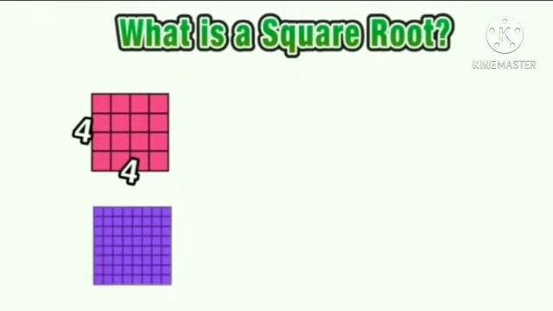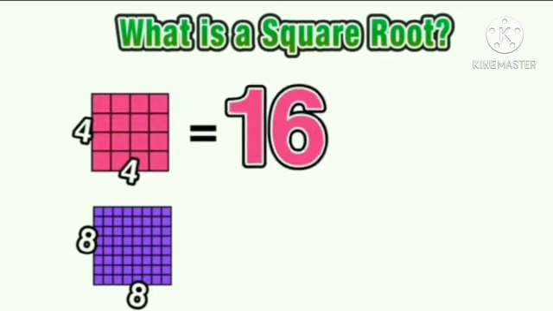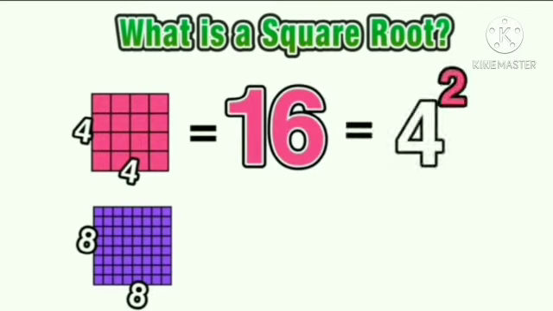For example, now we can take a 4 by 4 square and an 8 by 8 square. 4 times 4 is equal to 16, which is 4 squared.